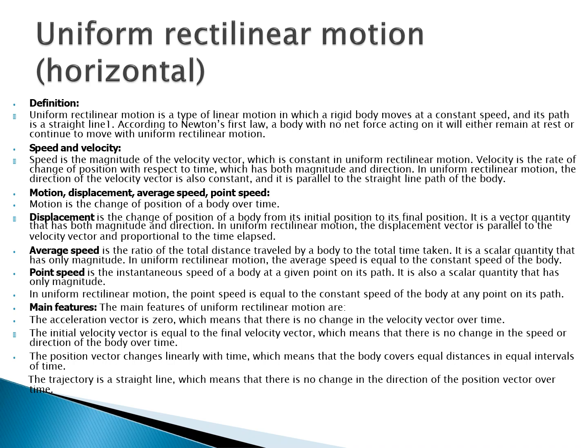The position vector changes linearly with time, which means that the body covers equal distances in equal intervals of time. The trajectory is a straight line, which means that there is no change in direction of the position vector over time.